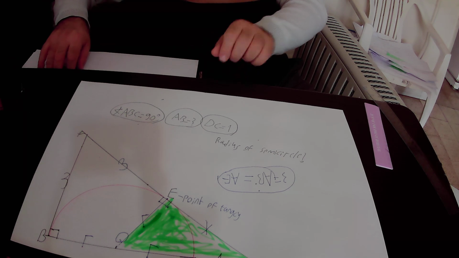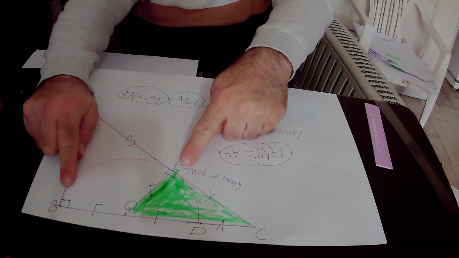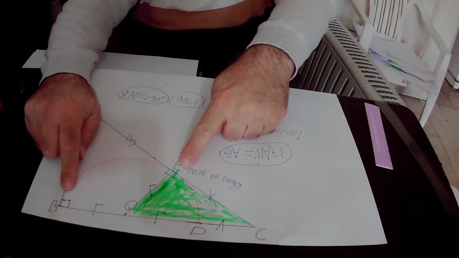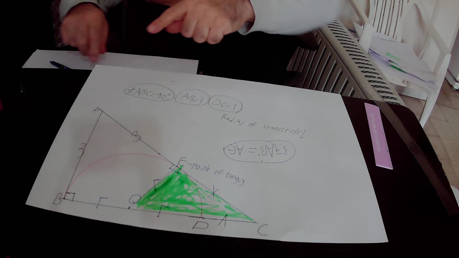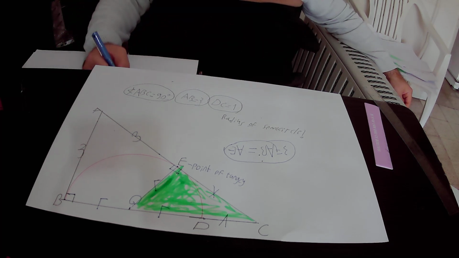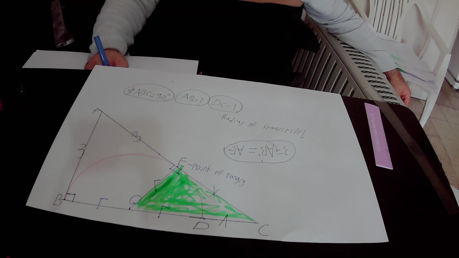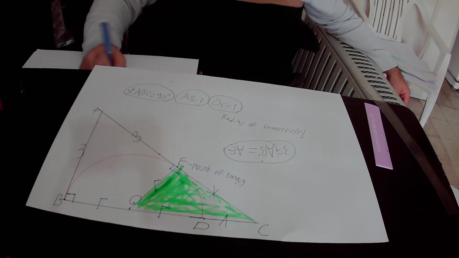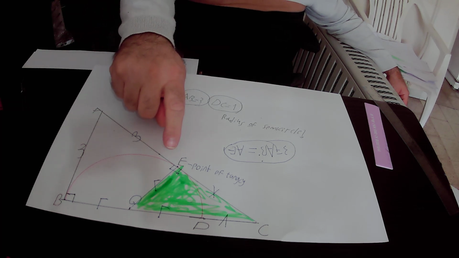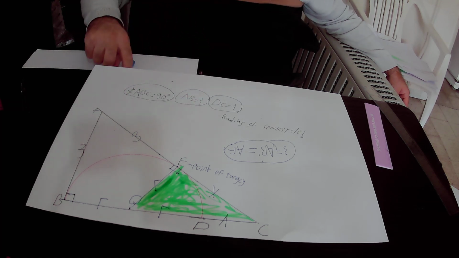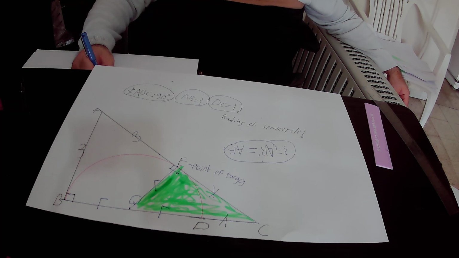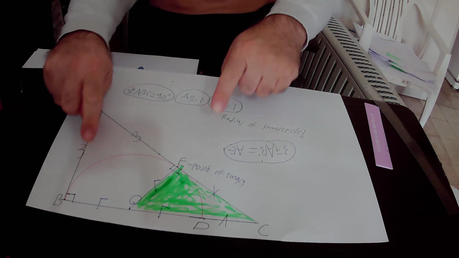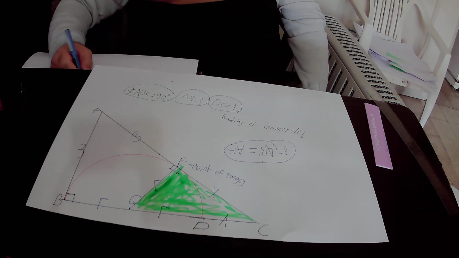So first of all, we know that those two angles equal each other, they are both right angles. Actually angle ABC of triangle ABC equals angle OEC of the green triangle, and both those two angles are right angles, they are equal to 90 degrees.